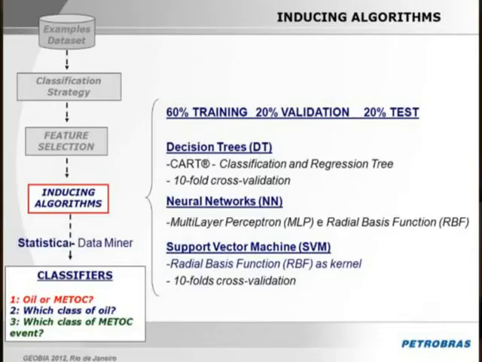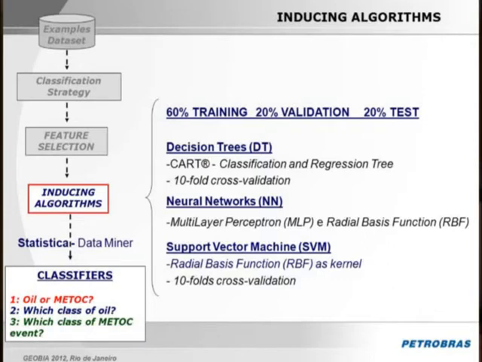So finally, the last step is to run the inducing algorithm. To do that, we used the Data Miner package of Statistica, and we used 60% of the samples for training, 20% for validation, and 20% for testing. We used a decision tree from CART, neural networks, and support vector machines as well, trying different types.